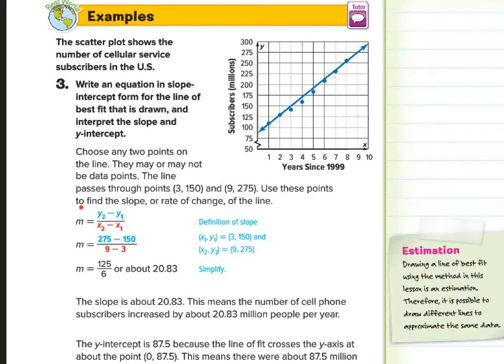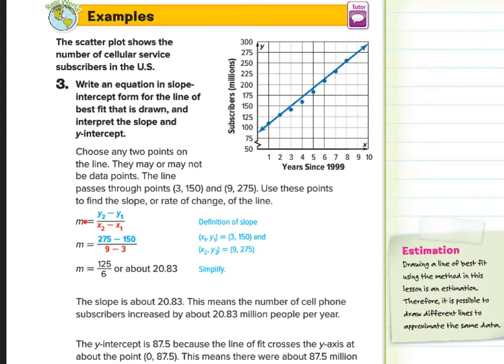Use these points to find the slope or rate of change of this line. You see here, we chose the 2 points, (3, 150), so right here, (3, 150), and we chose the points (9, 275), and drew a straight line through to show the slope.